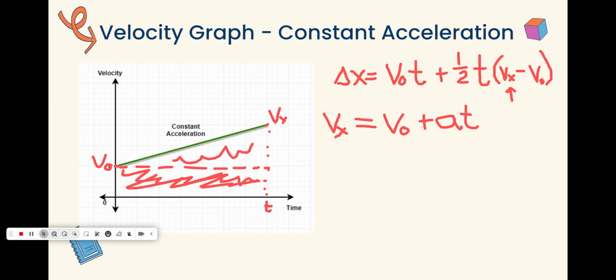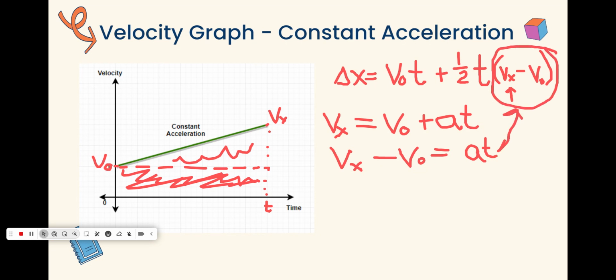We just did that. This is y equals mx plus b. So if we take this and rearrange it, we get Vx minus V sub 0 equals at. Well, look at that. I have something I can plug in here and get rid of the V sub x.